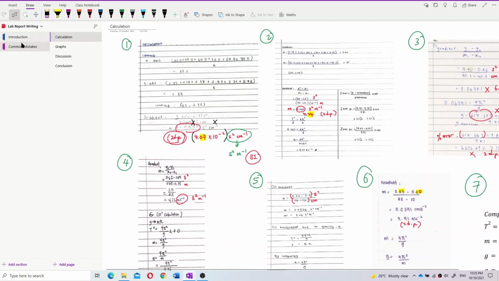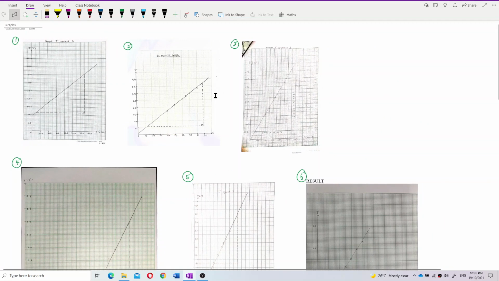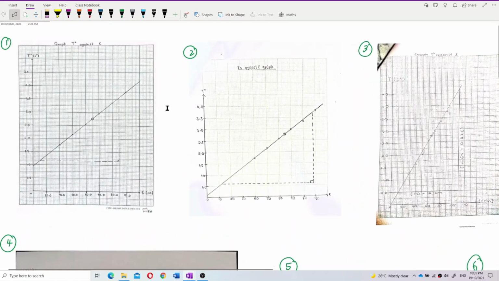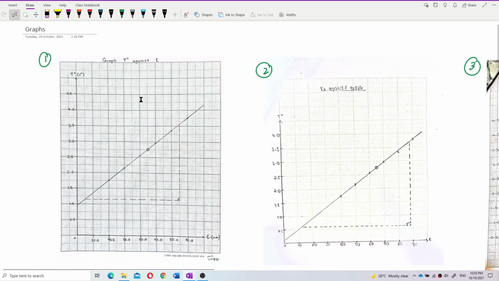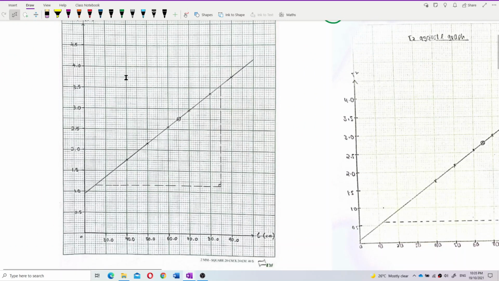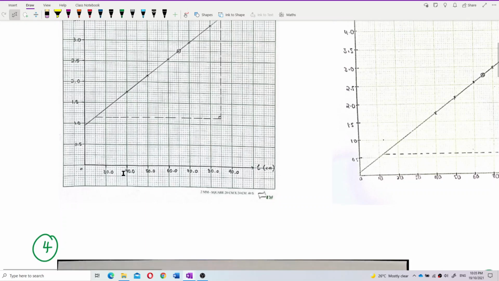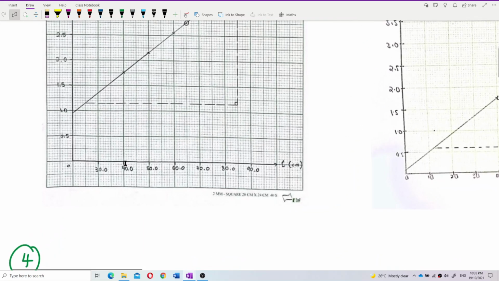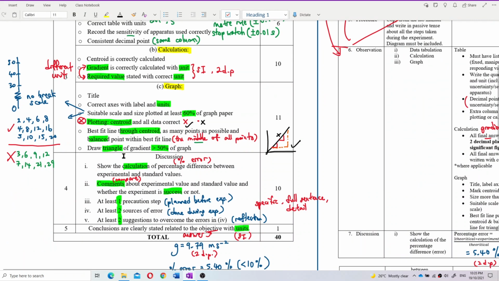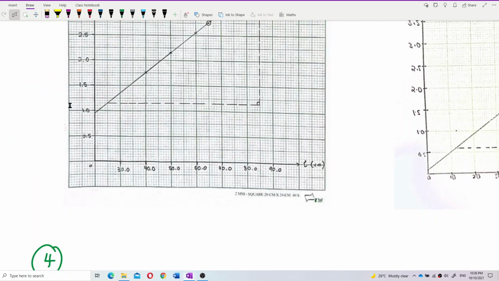Okay, next is the graph. Look at the graph. What's the mistake of the first graph? Okay, what's the mistake? I see. How can the first graph have no break scale? 0 cannot jump straight away to 30. This one has a break scale.